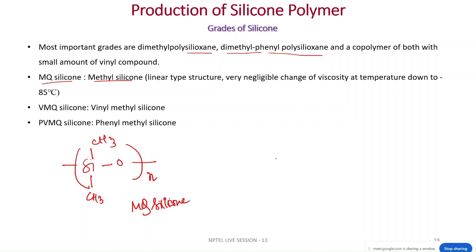Suppose we take the example of vinyl methyl silicone. There will be a methyl group, as you can think from the name, and there will be one vinyl group.